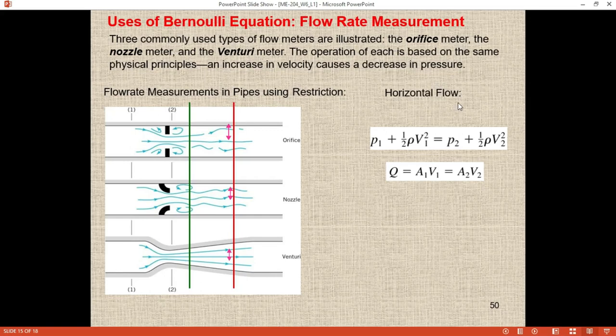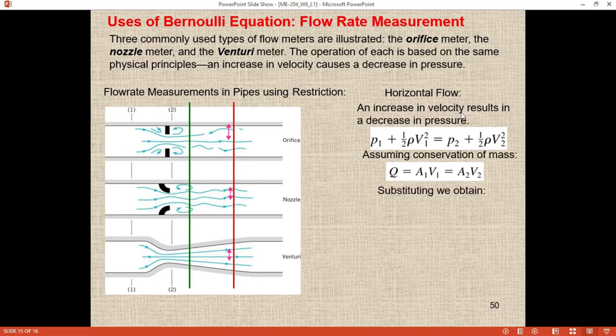In that case an increase in velocity results in a decrease in pressure. Here the pressure is high and velocity is low, but on the other side the velocity increases and the pressure is low. If you want to find P1 and P2, if you know V1, you can find V2 from here, and you can easily calculate the volume flow rate using this equation.